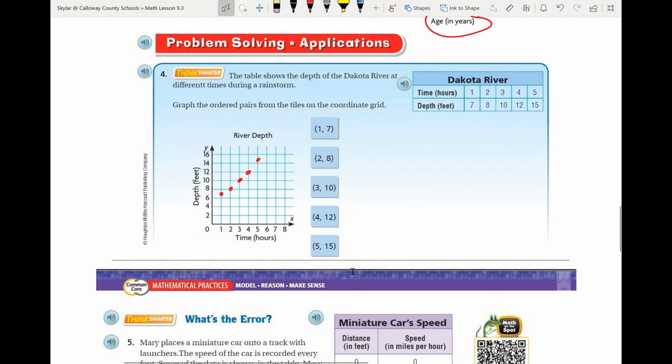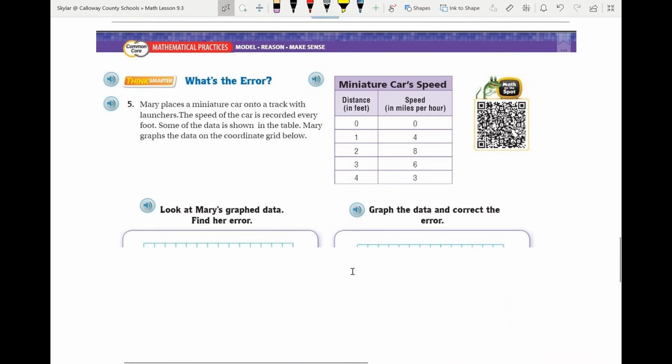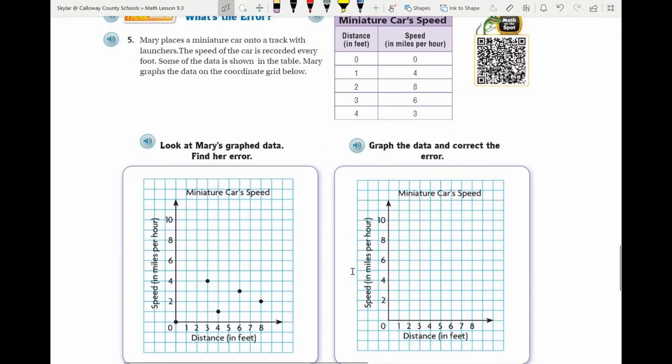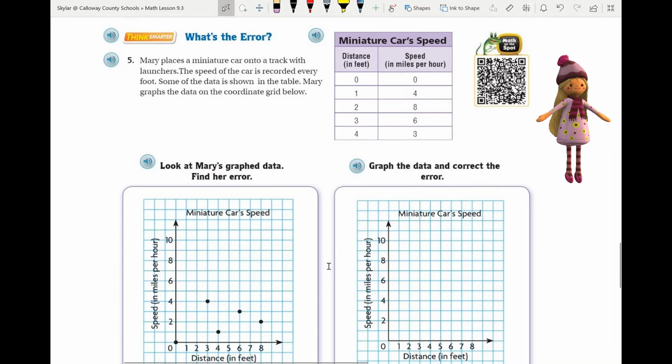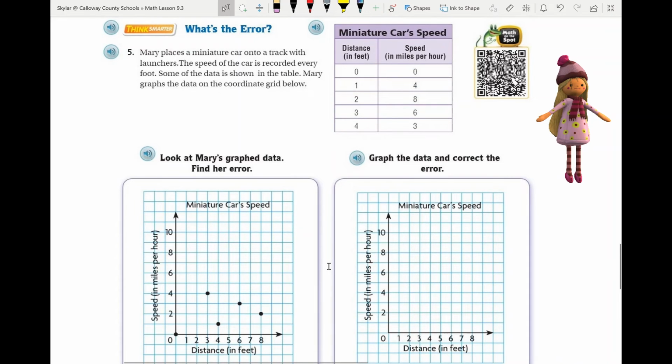Alright, so I'm sure you all did great with that. So now let's take a look at number 5. Mary places a miniature car onto a track with launchers. The speed of the car is recorded every foot.